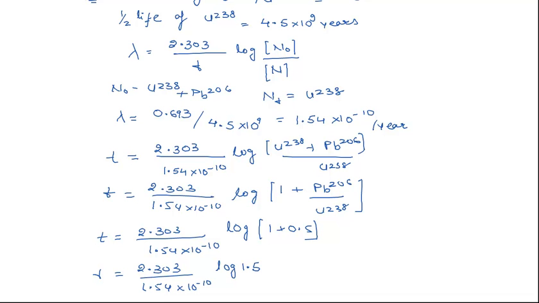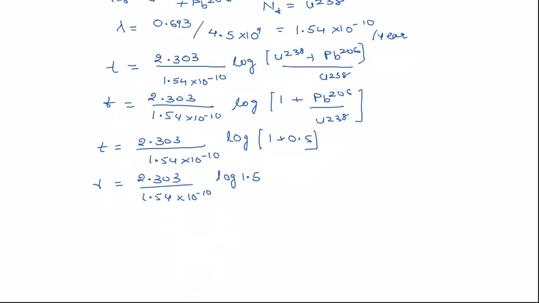Right? So just solve this and you will get your answer. So that comes out to be, let's find out, 2.303 divided by 1.54, again divided by 10^-10, and multiplied by log of 1.5.